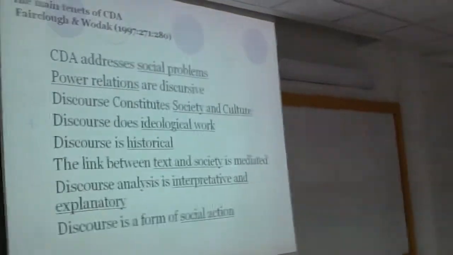As we know, the abbreviation for this is CDA. Let me mention the tenets of CDA. As you see, there are 8 tenets.